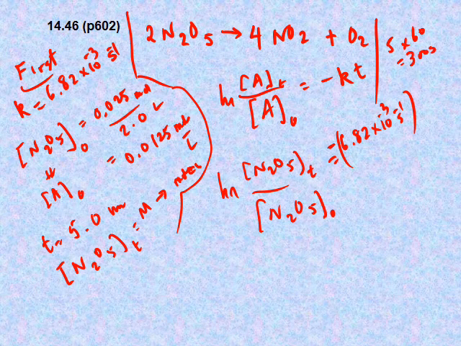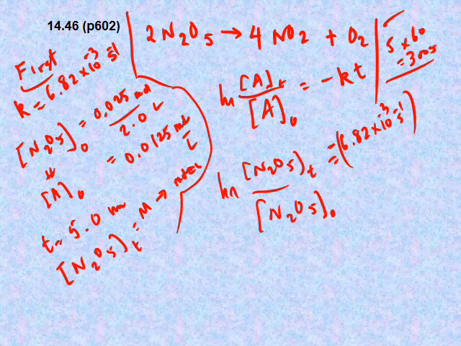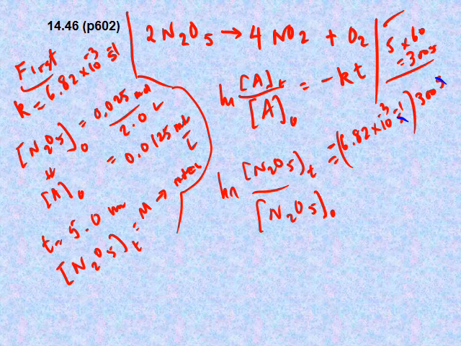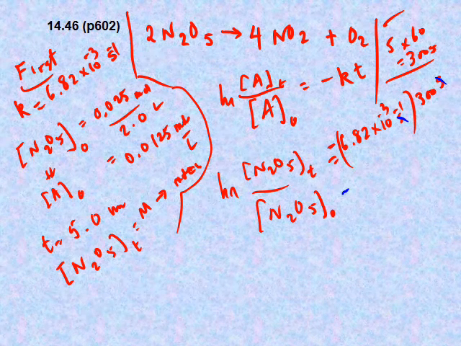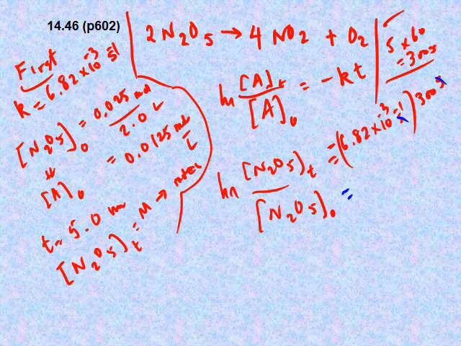So that's what you're going to use in this calculation. Now per second, seconds would cancel out. Let's use a different color of pen. So second per second would cancel out. And that gives me a value of minus 2.046.